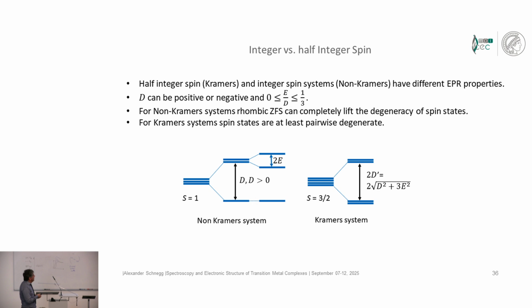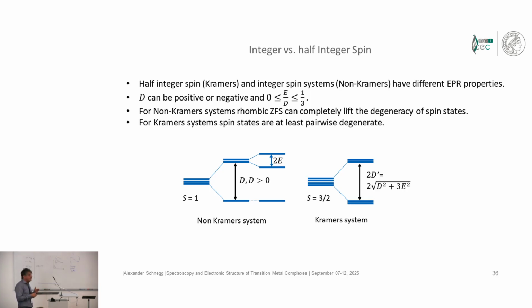The situation for Kramers systems is different, because here are again the 4 ms levels, which are degenerate without zero field splitting. Zero field splitting lifts the degeneracy between the, in this case, lower lying ms plus minus 1/2 and ms plus minus 3/2, and they stay degenerate even if we have a rhombic term.